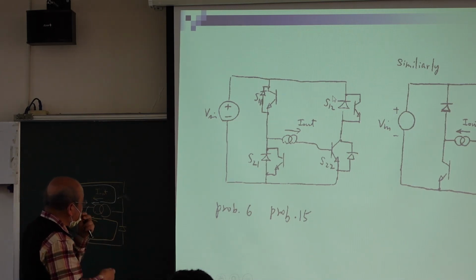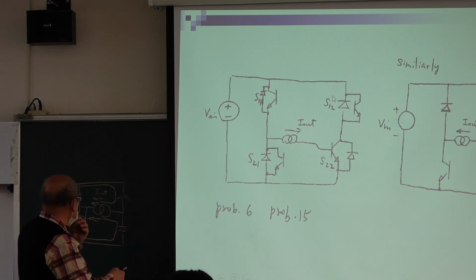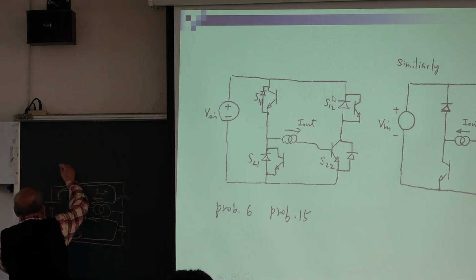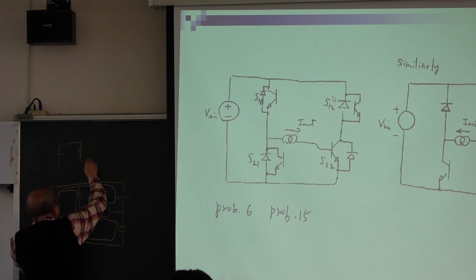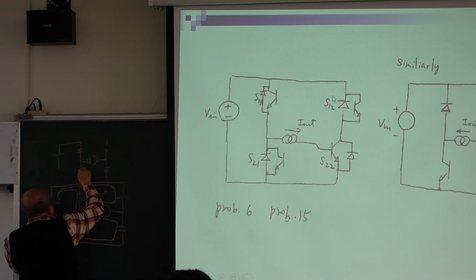So what does this mean? We use 1, 2, 3, 4 devices, and we have a battery here. So we design here, we have a diode here, we have a motor here, then we have a switch here, and a switch here.